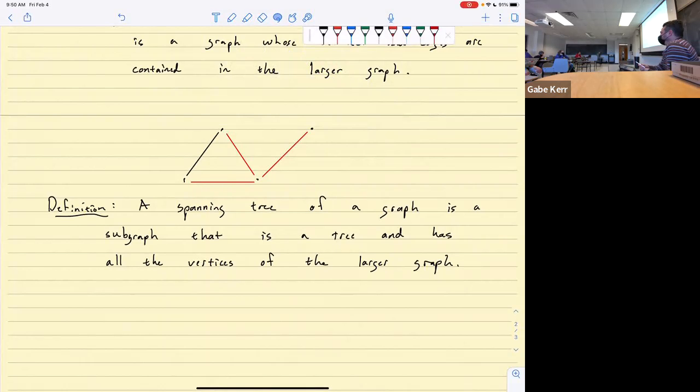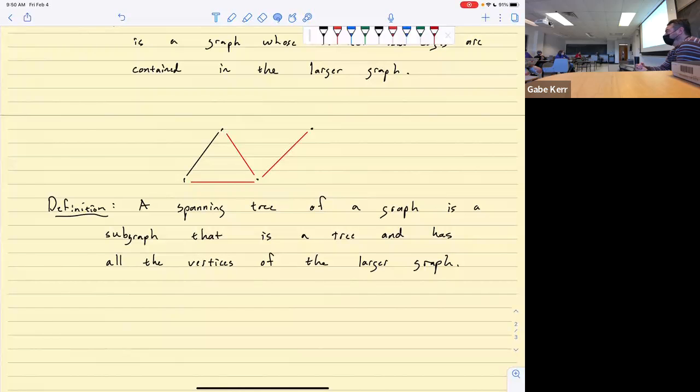Why would you want a spanning tree? Who cares, right? Well, let's say a good example. There's a bunch of examples in the book, but I think one compelling example would be, let's say you're laying cable to get some kind of Ethernet to all of the different cities.